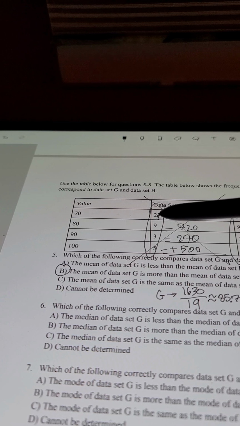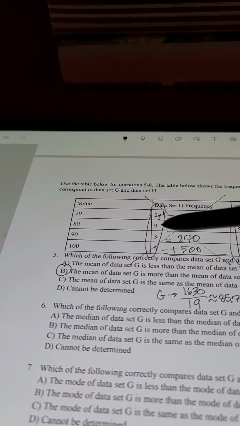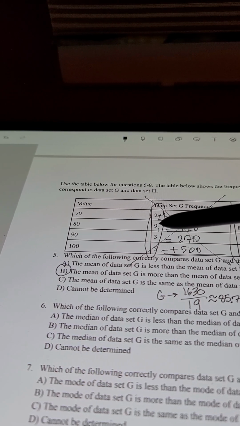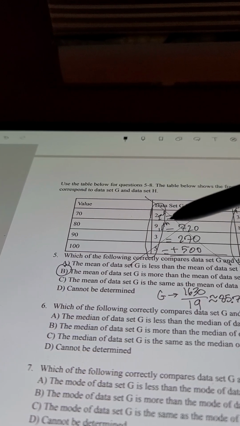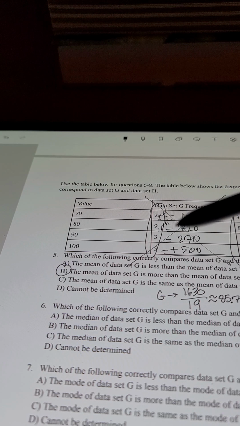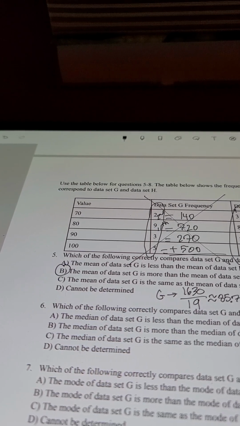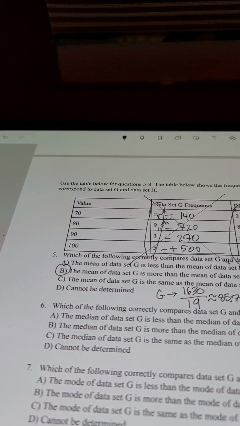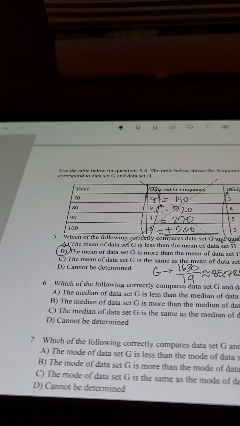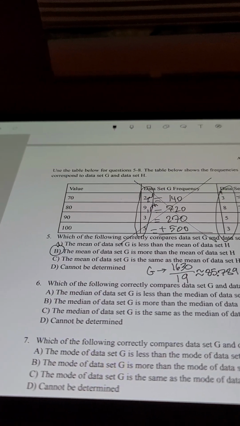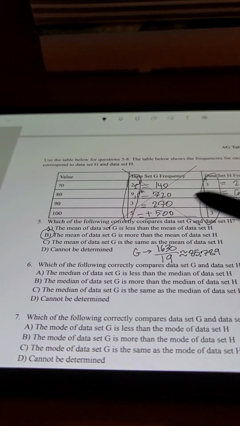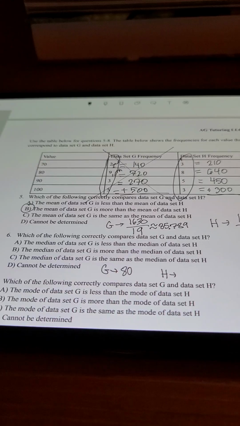So I was at my second number, then I'm going to go 9 more into the future, and that gets me to the 11th number on my list. So that means that one of these 9 groups of 80 is where the median is. The 10th data point is within that. So that means that the median of dataset G has to be 80. So that's what I wrote down here.